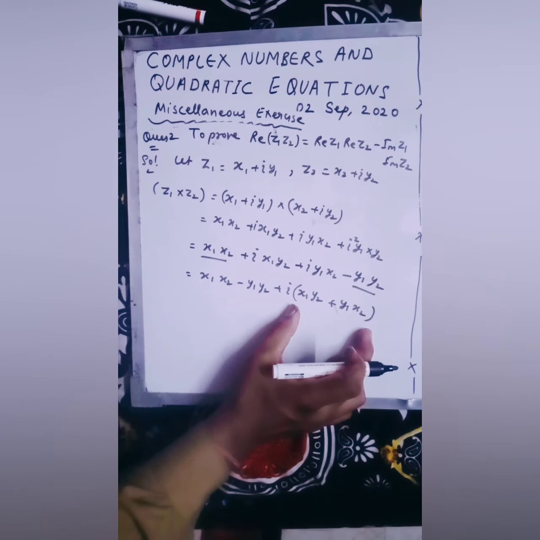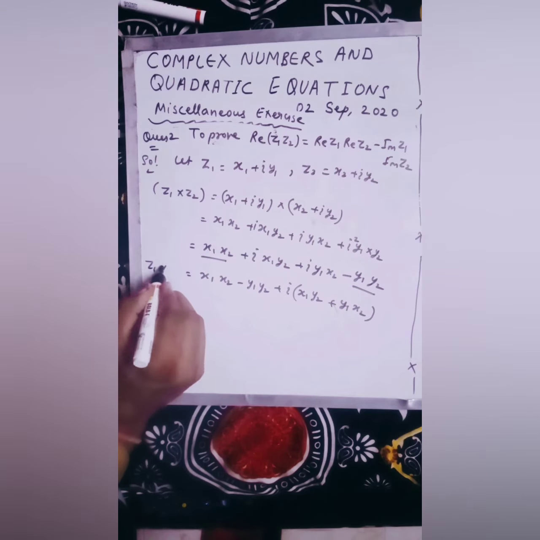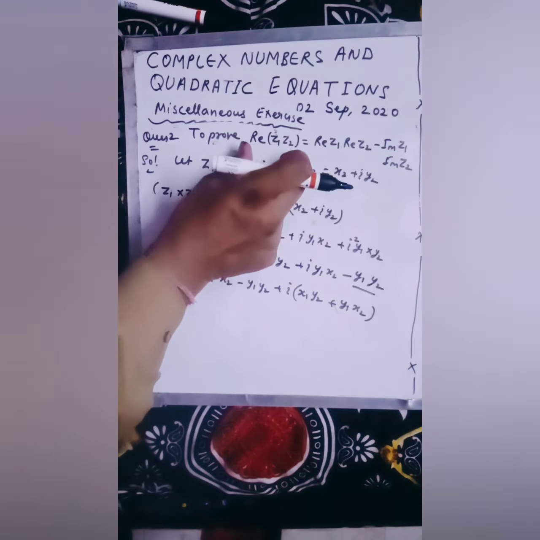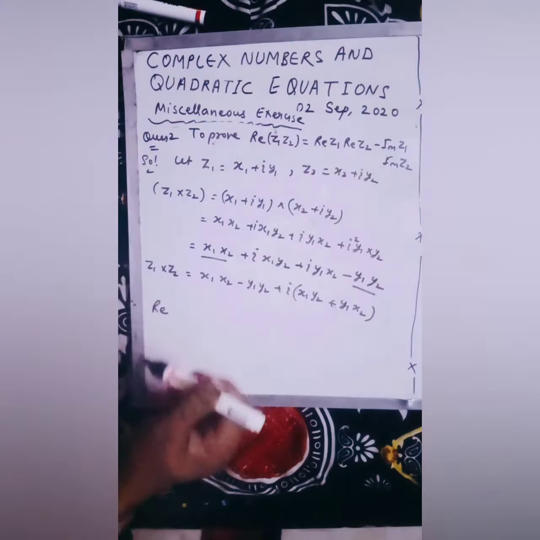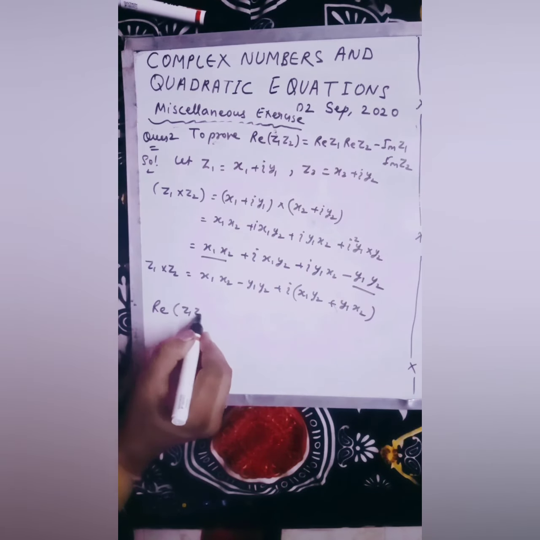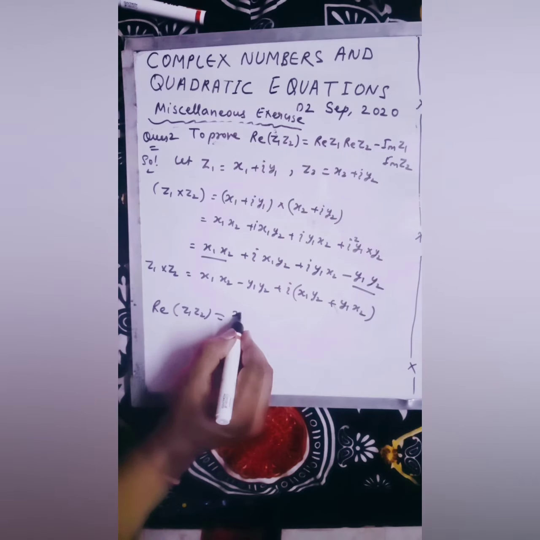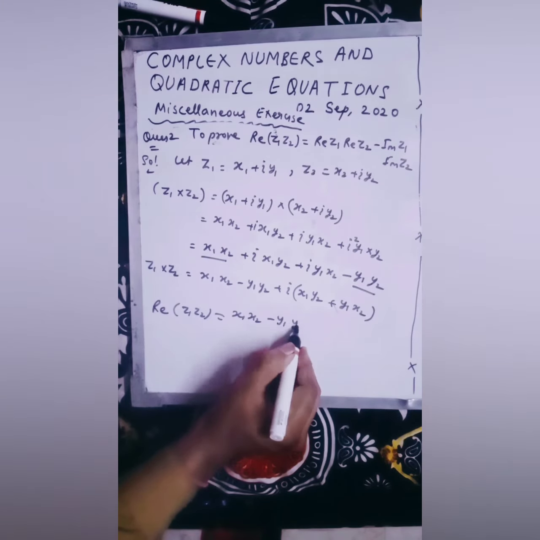This is the imaginary value. So z1 into z2, as you can see, you have to find the real part of this. RE stands for real, IM stands for imaginary. So the real part of z1 z2 would be x1 x2 minus y1 y2.